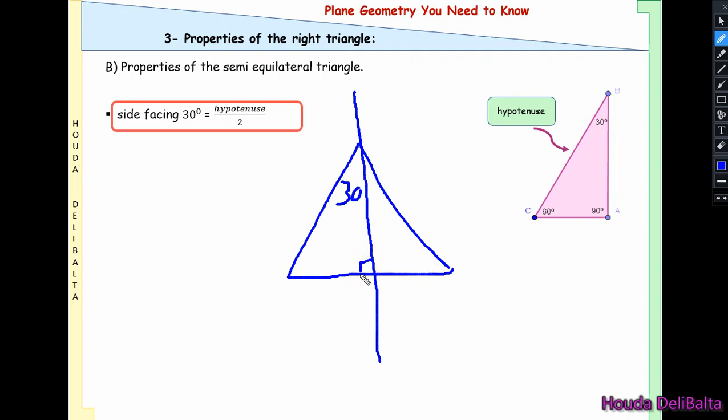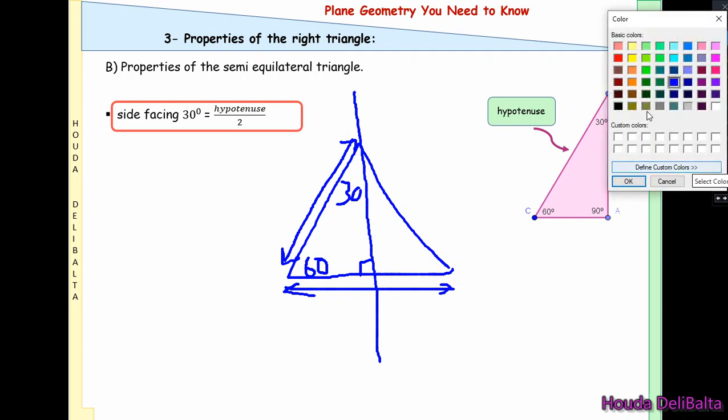Here, as I mentioned previously, will be a right angle, and here it is 60. Now suppose that this is the side of the equilateral triangle, that's definitely equal to that side, which is the hypotenuse in this right triangle.